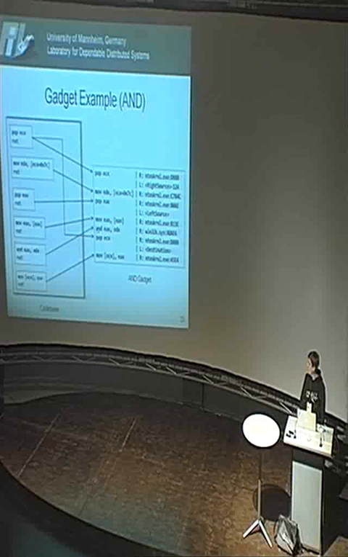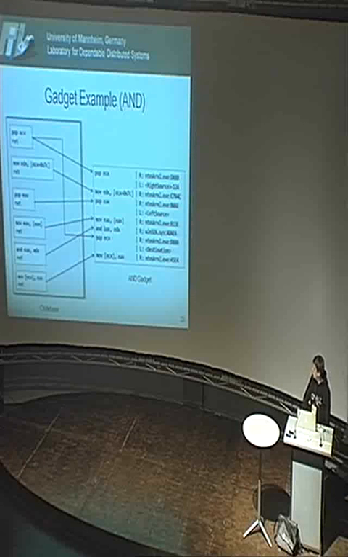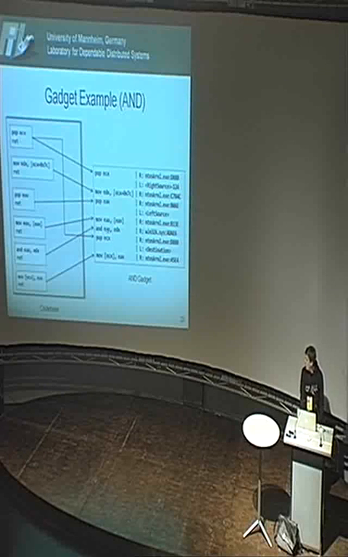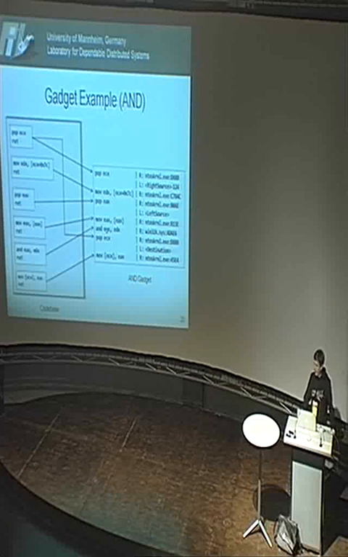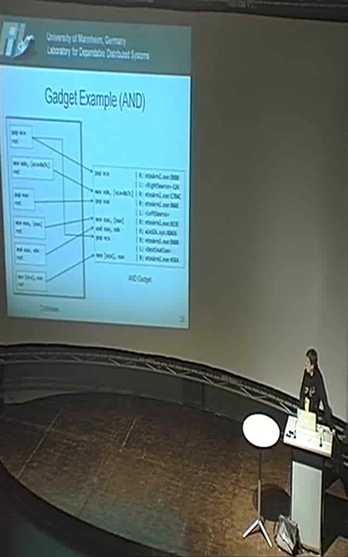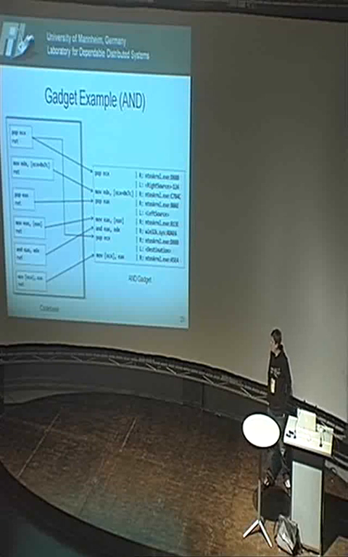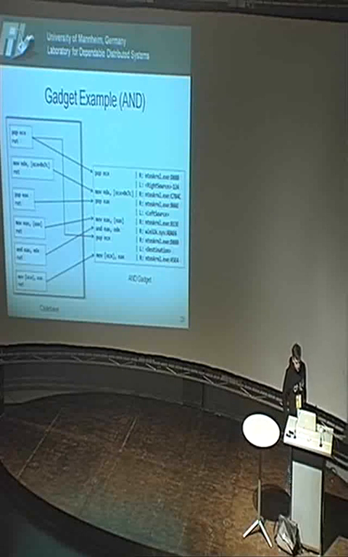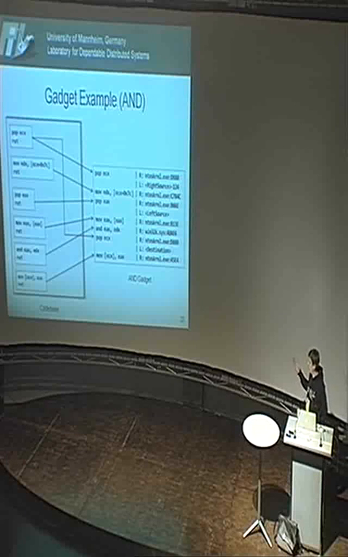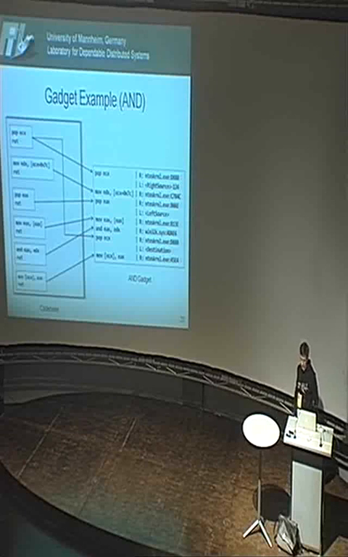And then, assuming we found such an instruction sequence which performs an AND between two registers, we now have the result in EAX, and what we then do is we just write that result back into another memory variable. So this is just a nice example of how the constructor actually constructs an AND gadget. And this is a real example which was constructed by the constructor.